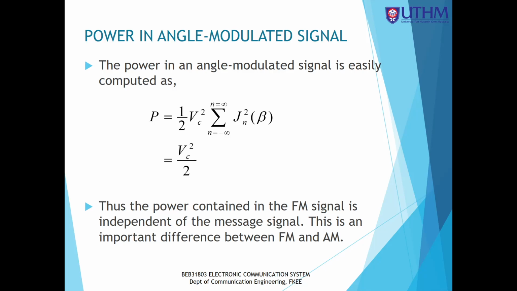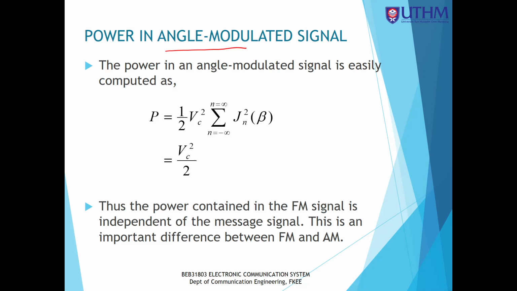The next topic is about power in angle modulated signal. This is a very important topic, and of course it's going to come out in the exam. If it is angle modulated, that means it is for both FM and PM.